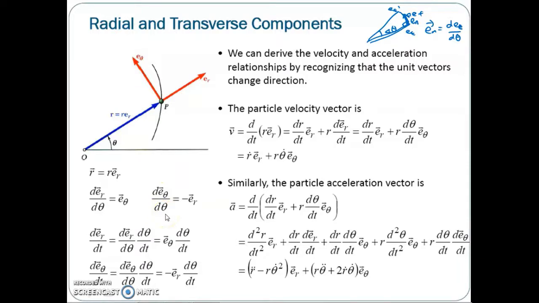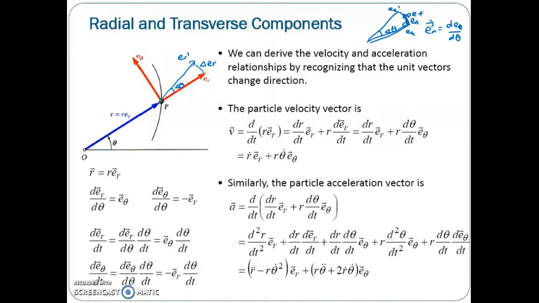So how we can do it is looking into this, this is the e_r. Then if we put here our e_r prime, that is our delta theta, right? So here will be our delta e_r, right?